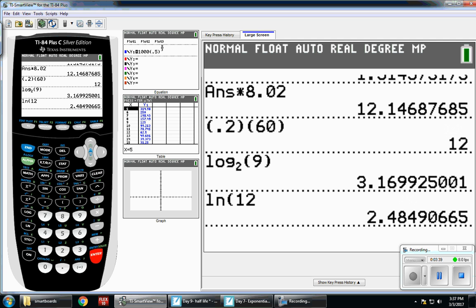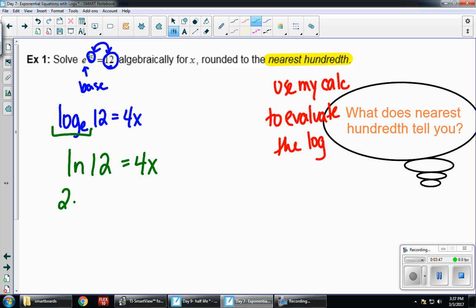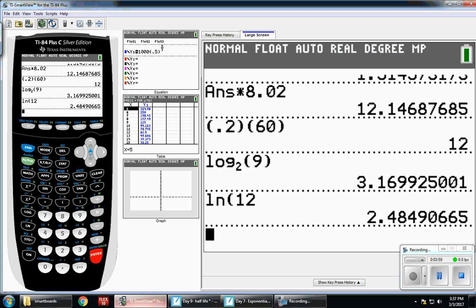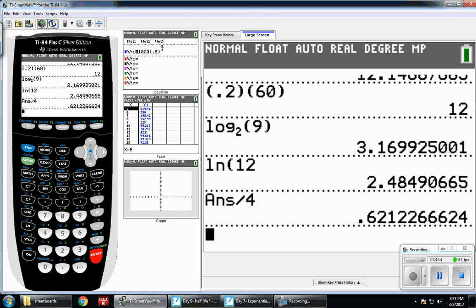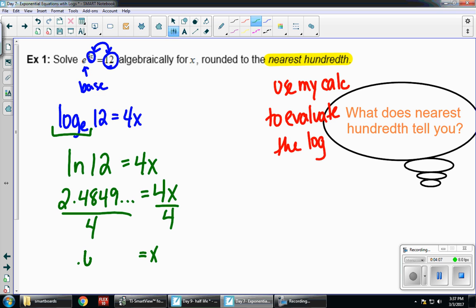Remember, natural log is the button on the left side next to the 4. 2.4849, and so on, it continues, is equal to 4x. I want to solve for x, so I'm going to divide by 4. So divided by 4, x equals 0.62122. They want the nearest hundredth, so 2 decimal places. X is equal to 0.62.